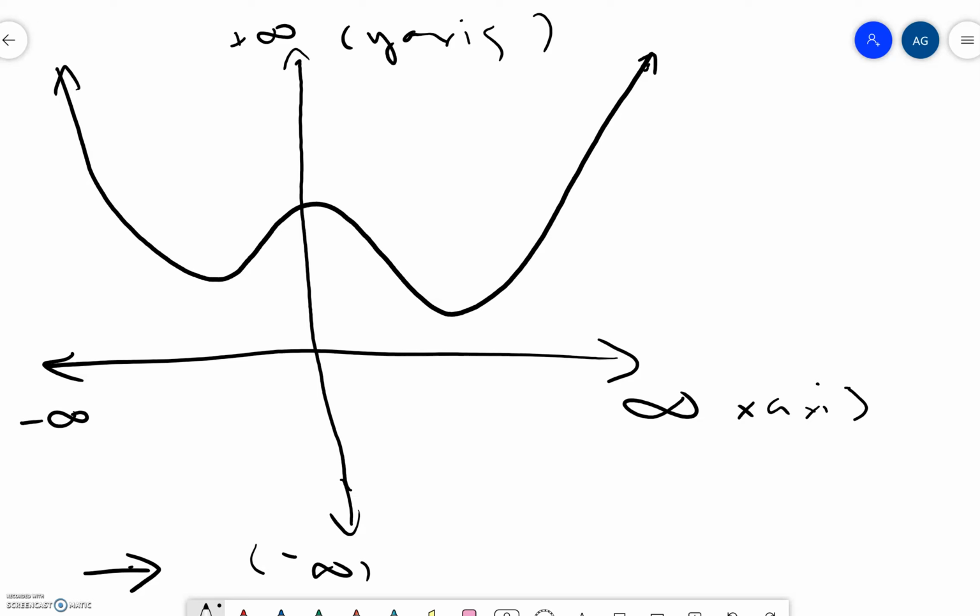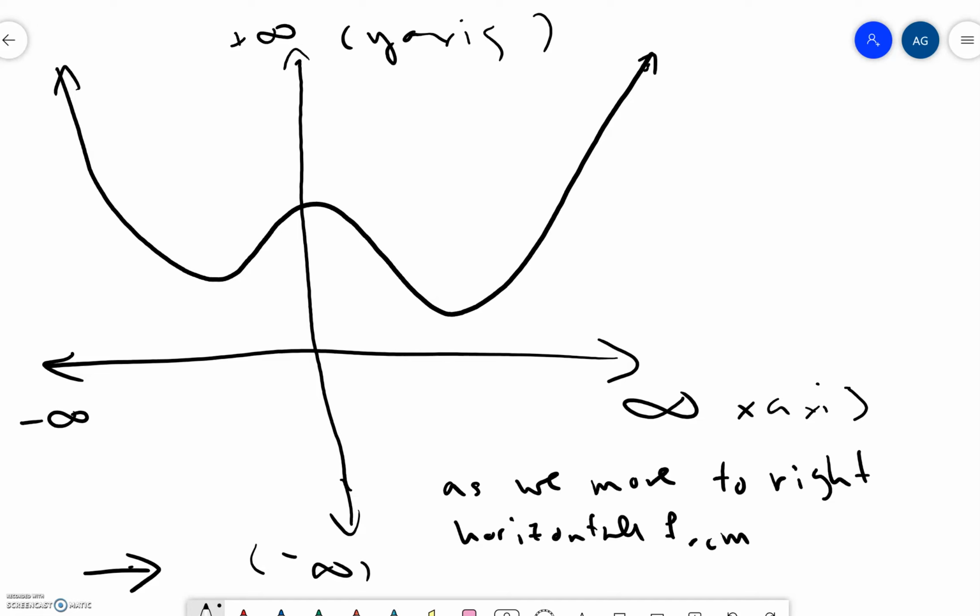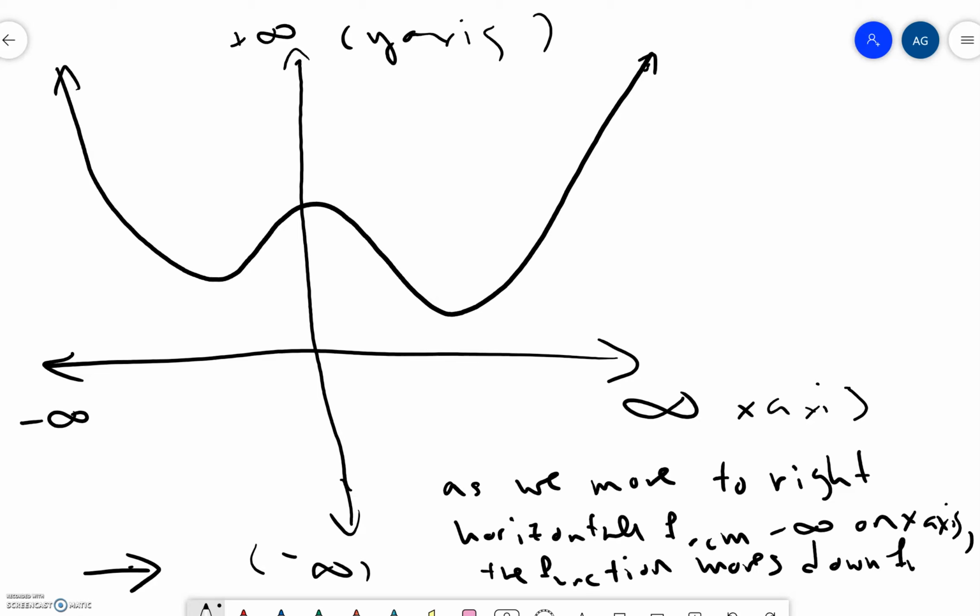So to explain what's happening, there are a lot of ways to say what's happening here, but as we move to the right horizontally from negative infinity on the x-axis, and I know I'm being persnickety here, the function moves from positive infinity, moves down, right? Positive infinity vertically.